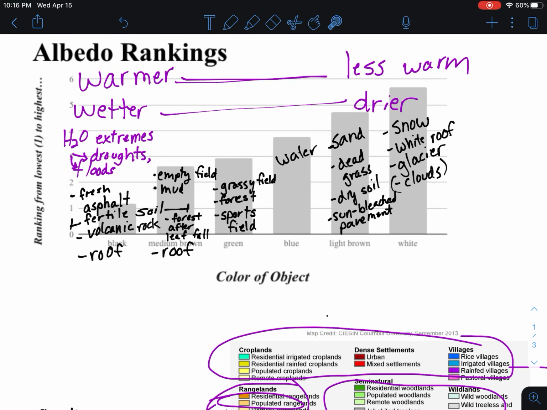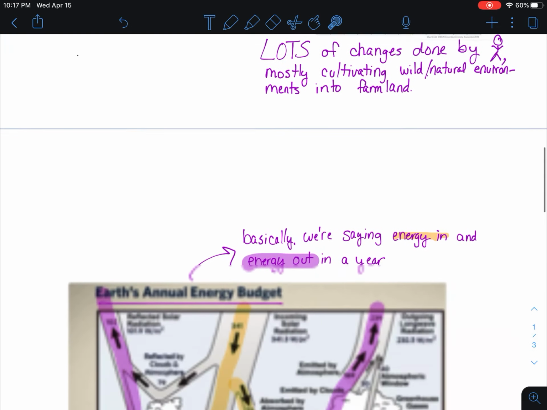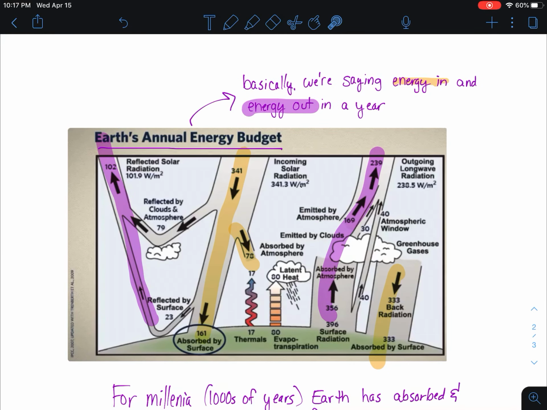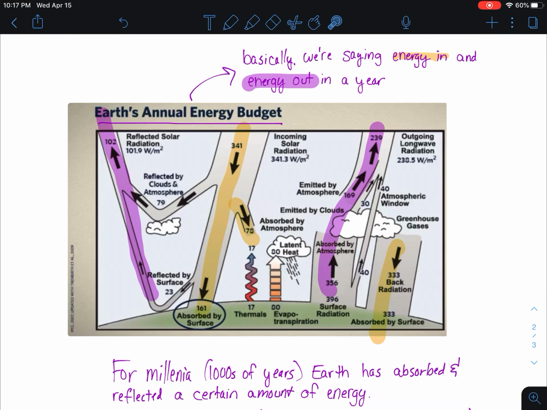So if we look at the overall averages of the land use changes we are making, we are shifting things this way towards warmer and wetter and more of the extremes with droughts and floods. So with this energy budget on Earth, we're talking about the energy in, as I've highlighted in this orangish color, and the energy out.